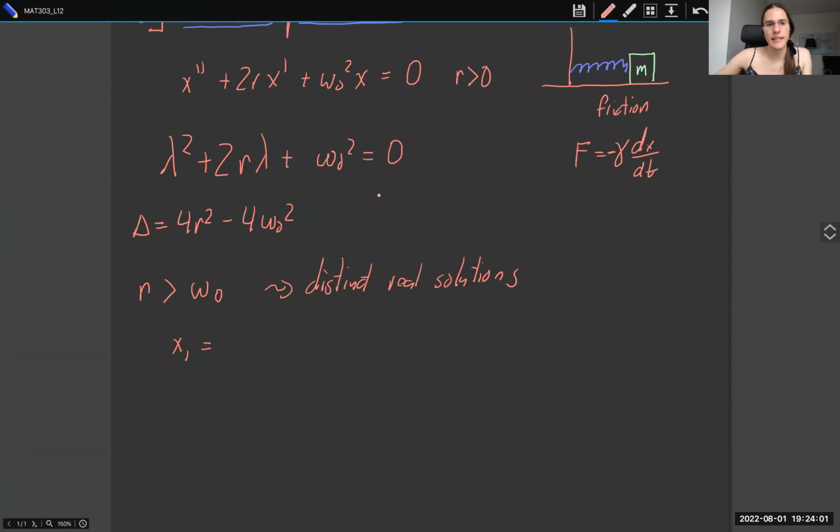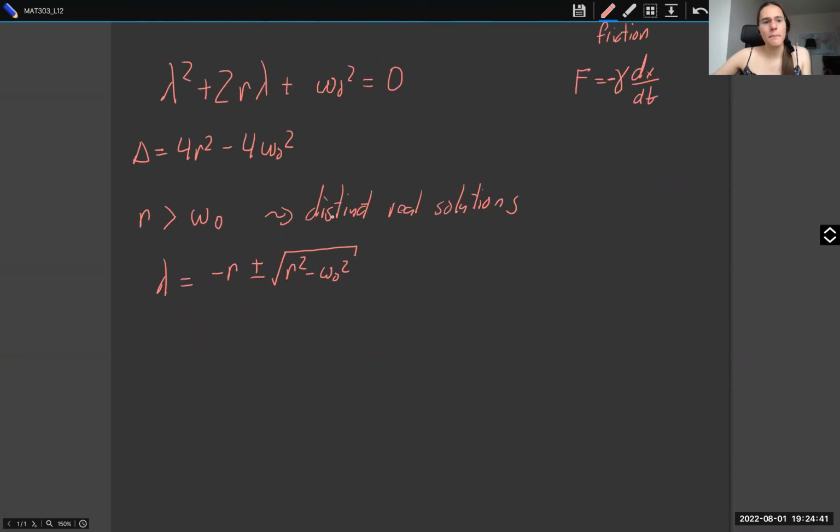And so that's going to just be lambda equals negative r plus or minus the square root of r squared minus omega naught squared. I guess this is something that applies to the case where we have distinct roots. I'd write it differently if they were indistinct roots.